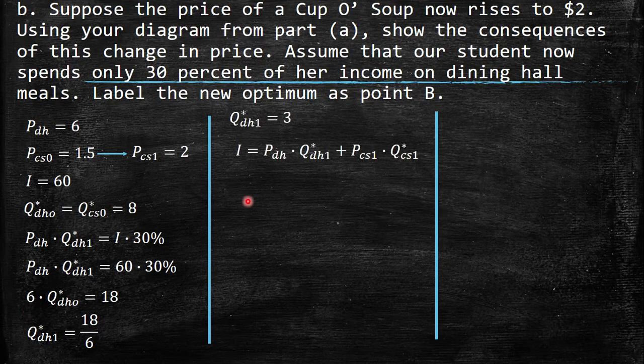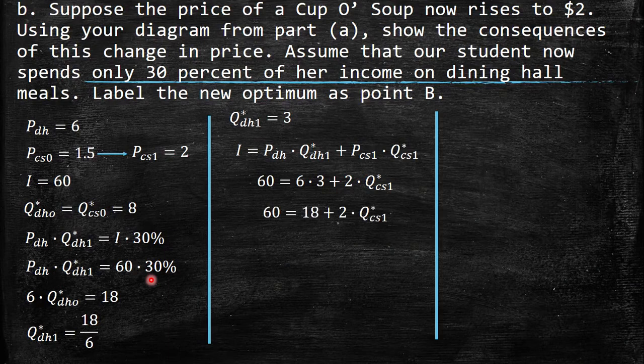Then we know already that this is 60, because we have already 6, we have already 3 because we already found the price. The new price of the soup is 2. With that information we can automatically find the quantity of soups in the second situation, with a higher price of the soup and with this fixed spending in the dining hall. Then we have 6 times 3, 18.